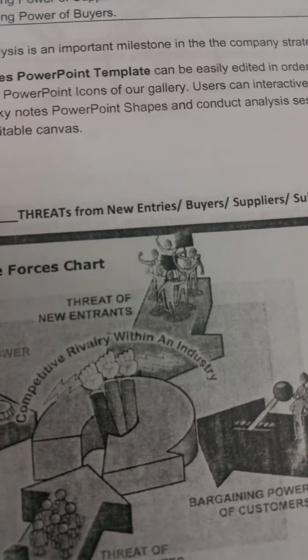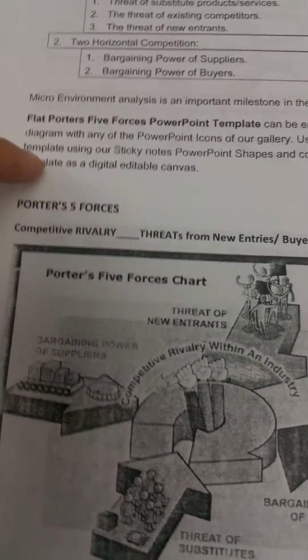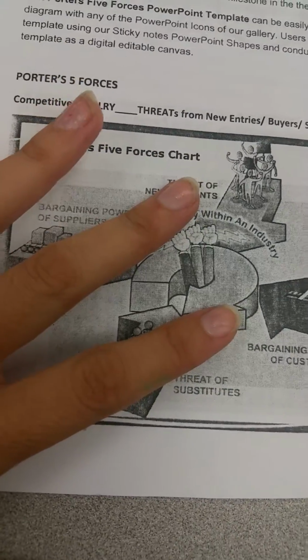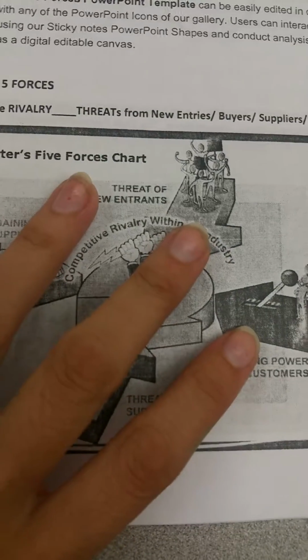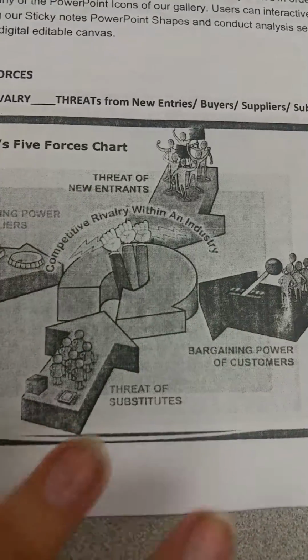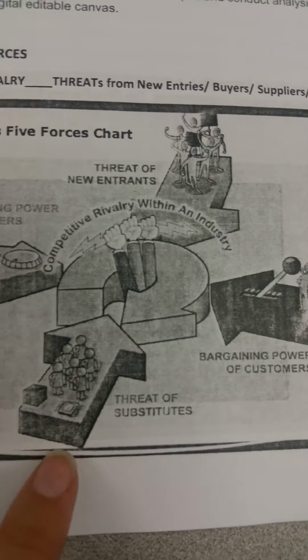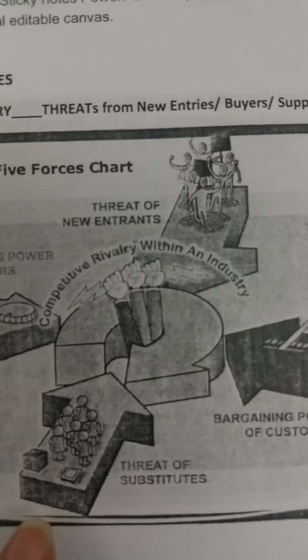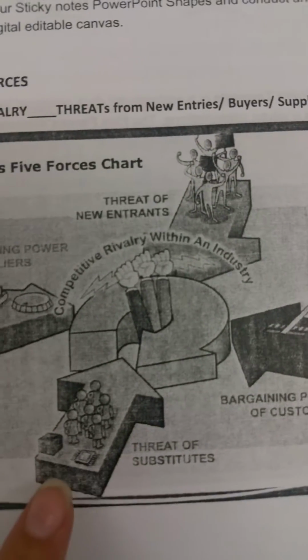Do you understand it like that? Let's check this diagram that we have here. We have these 5 forces. I want you to check the first one, threat of substitutes. And then you see some people there.